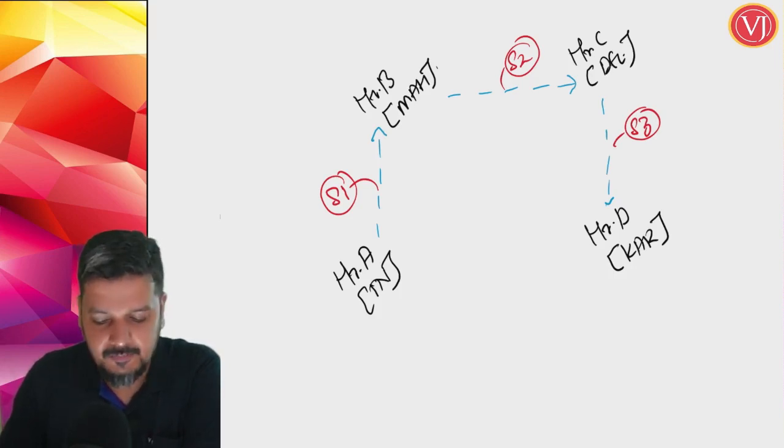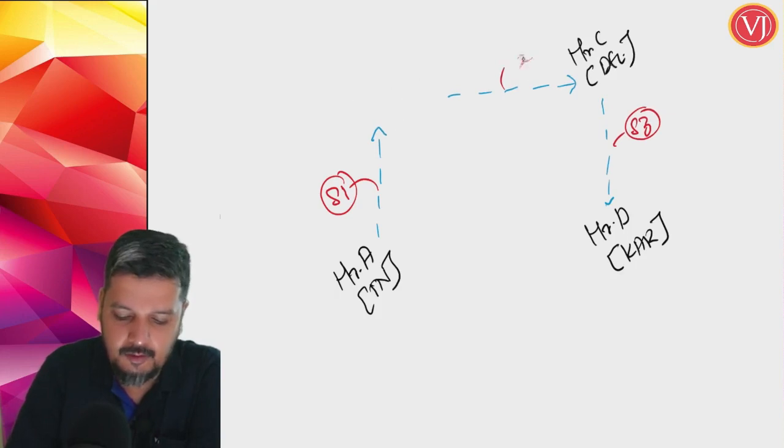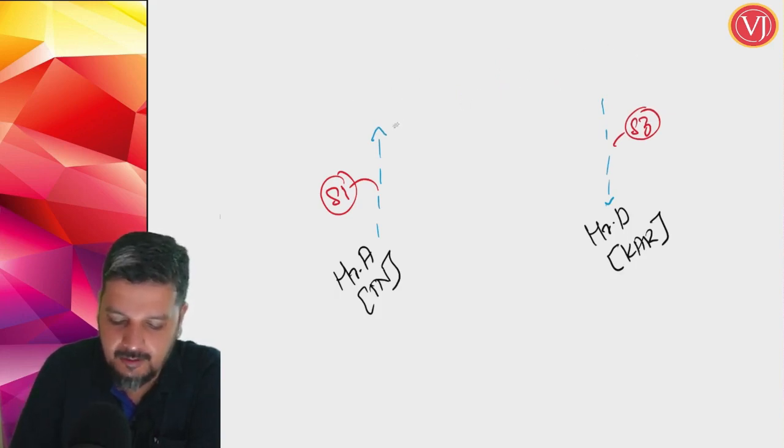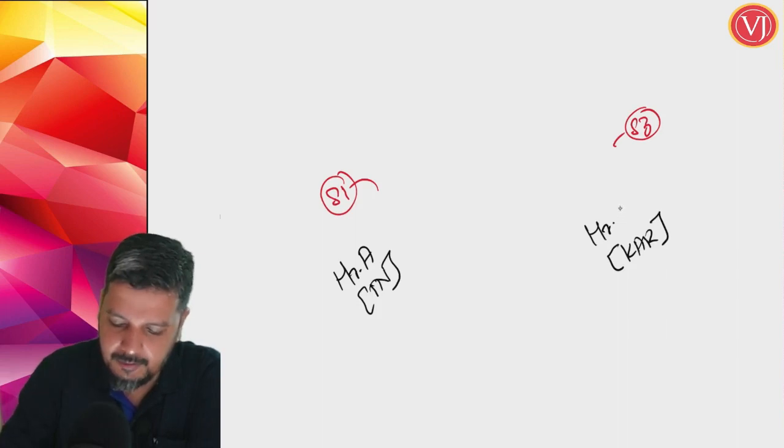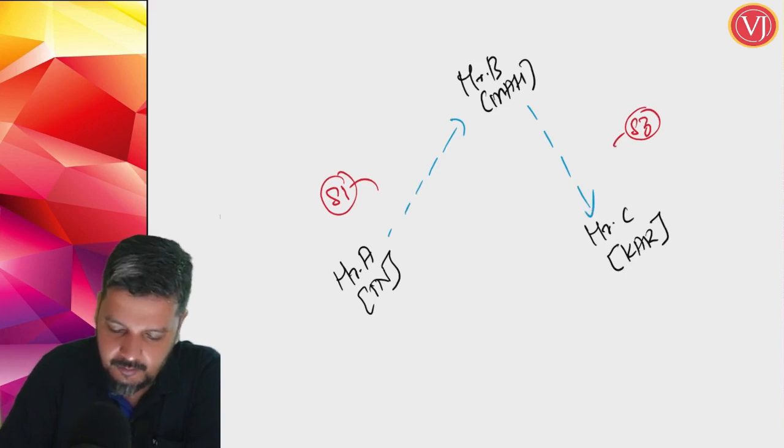Now, what if Mr. B tells that directly send the goods from Tamil Nadu to Karnataka? We will not make it more complicated. We'll make it more simple. We'll talk about only A, B and C so that you understand the crux of the issue. Mr. B in Maharashtra and Mr. C in Karnataka. So how many supplies are there? There are 2 supplies.